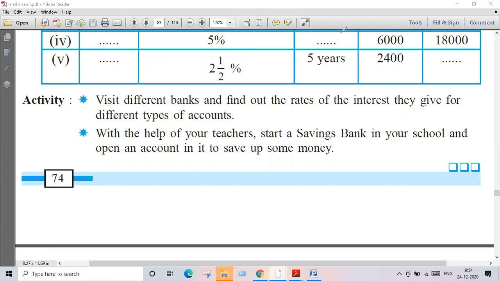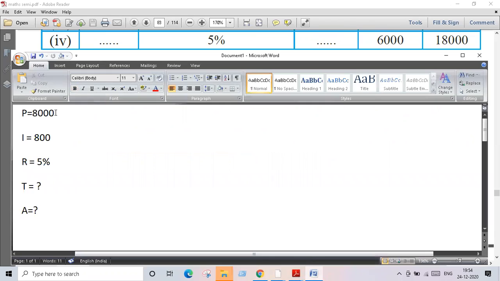So first we'll go by solving for the principal. Principal is not given, but we can use the formula and find the principal. What is I? I is 6,000 rupees. What is R? 5%. And A is 18,000 rupees.